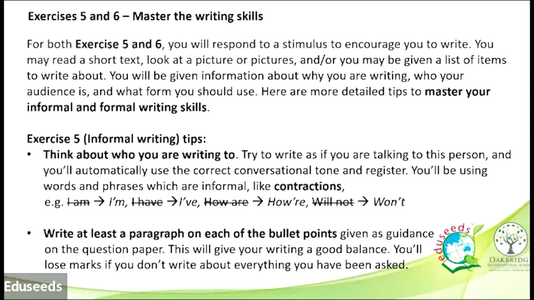Remember to use informal words and phrases. Remember to use contractions. Instead of using I am, use I'm. Instead of using I have, use I've. Instead of asking a question, how are? And will not, you can use won't.